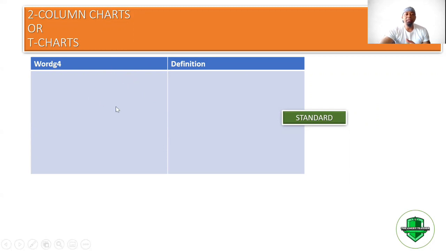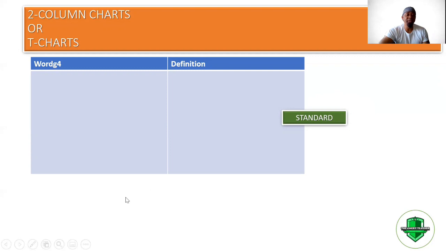So on one side, normally it's used in, I think, reading or English classes, language arts classes. So they have the word on one side that they're trying to learn, and then the definition of it on the next. This is a standard use of a T-chart, hence the simplicity of the T, left and right. That's not much, and you already knew this.